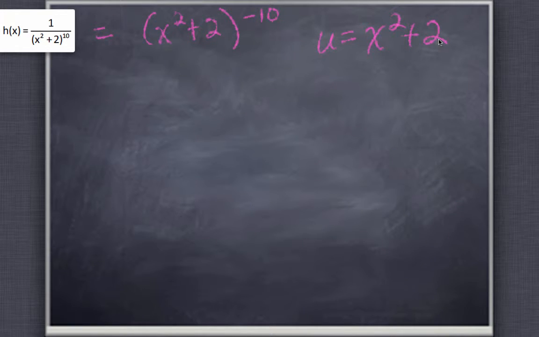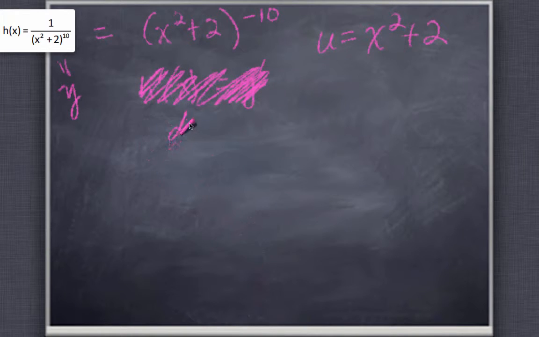I'm kind of undoing the thing, so x squared plus 2. I'm going to call this y, so this is y prime. Let me just, okay, forget this, because I was using this.